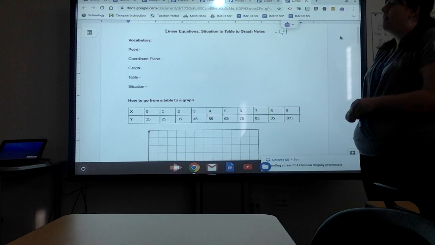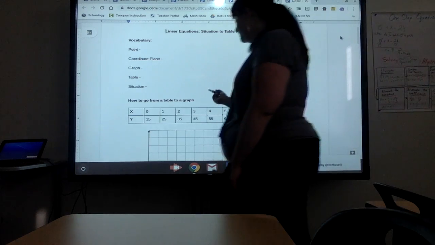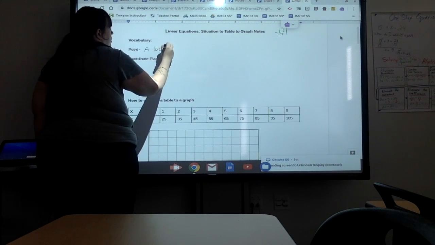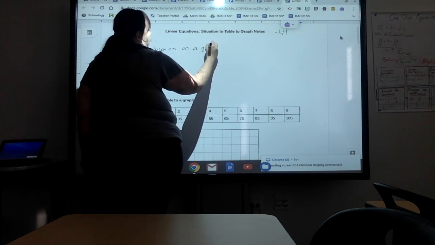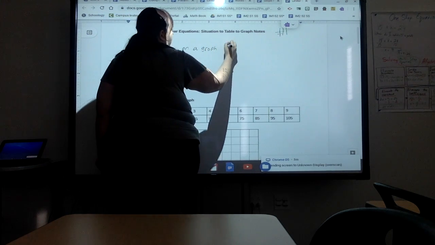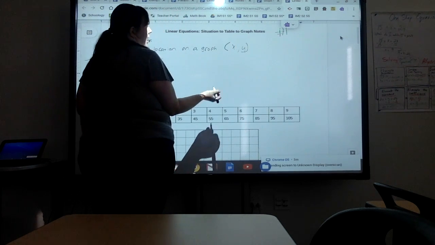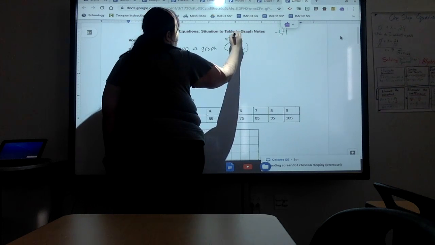For example, in math, a point is a location on a graph. A point has an x first and then the y. Remember, x's are how far left or how far right the point has moved from the middle.